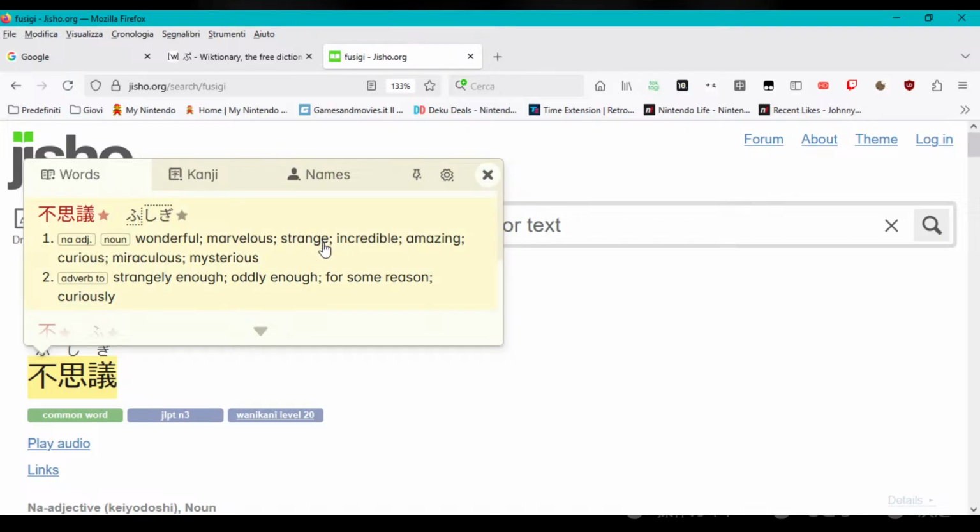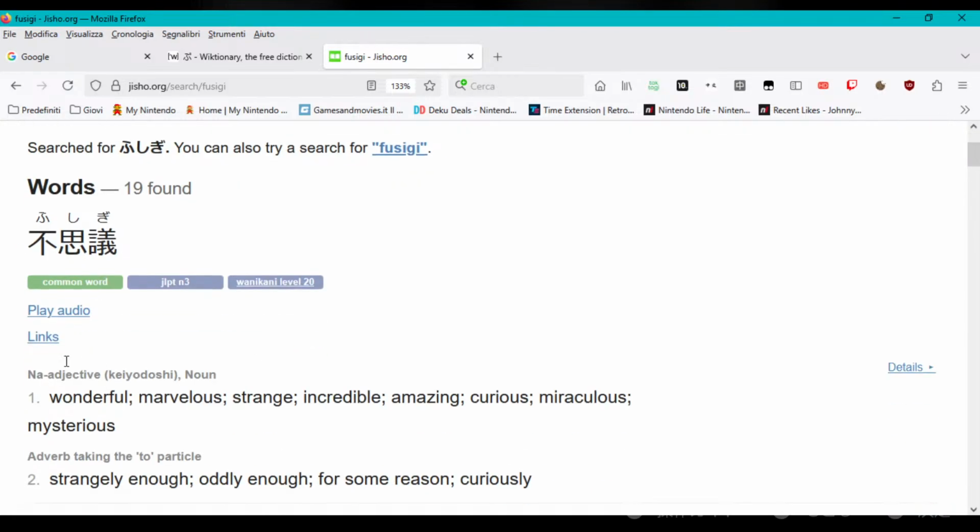Strange is the key meaning in this case, as we can see also when used as an adverb. Strangely enough, oddly enough. Yes, strange is the key meaning, but also strange as in wonderful, marvelous, and so on. As we can see here and also here, it's a so-called adjective, keiyodoshi.